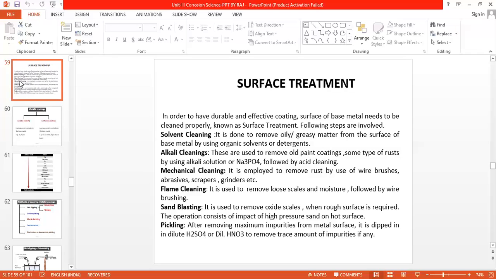After removing maximum impurities from the metal surface, it is dipped in a bath of the dilute H2SO4 or HNO3 to remove the last trace amount of impurities, if any. So before applying the coating of metal on the surface of base metal, the surface treatment is necessary. Out of all these steps, maximum steps are used as per the type of impurities present on the metal surface.